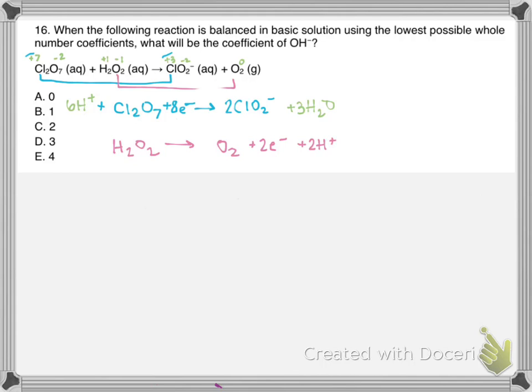So now that we have each half reaction figured out, we have our reduction half reaction, we have our oxidation half reaction balanced, we're going to combine them. Okay, and so some things are going to cancel in this process. But if we look at this, our electrons aren't going to cancel.